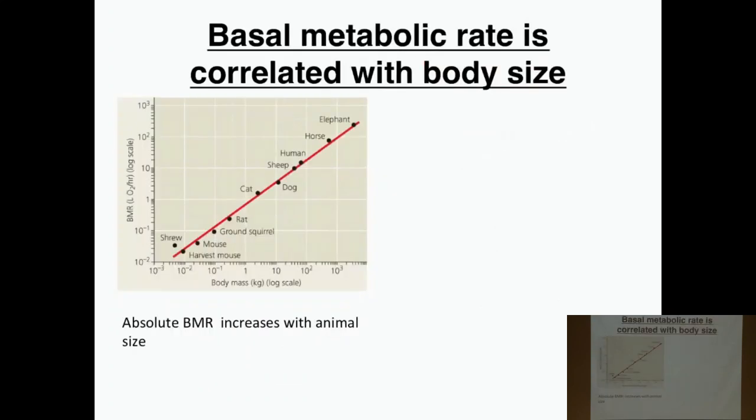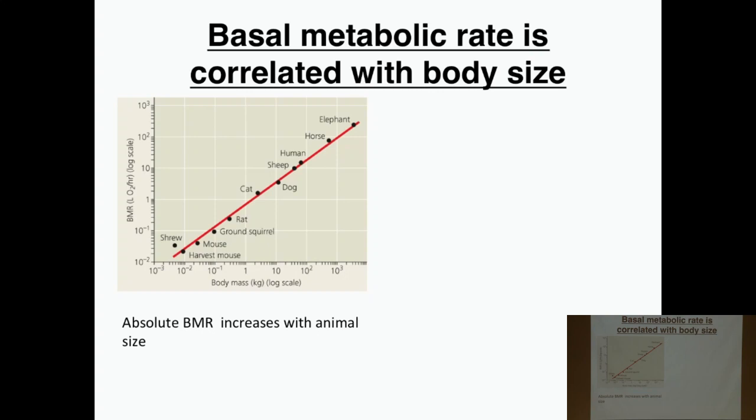And so when we look at mammals, what we see is that basal metabolic rate is correlated with body size. So overall, larger animals need more energy. And that's what we see here, that absolute BMR increases with animal size.